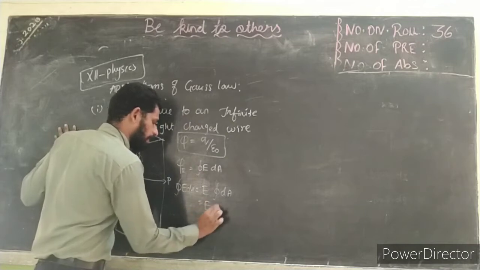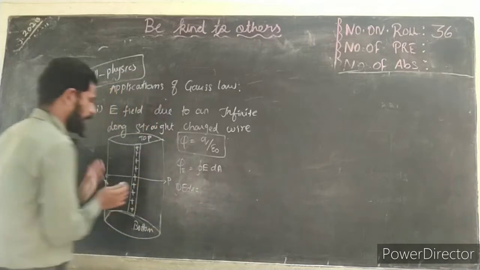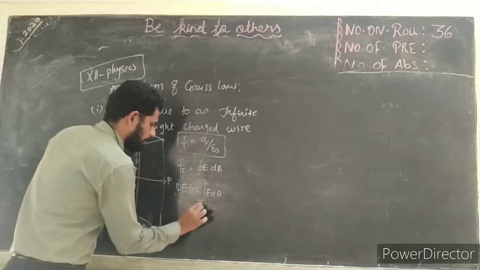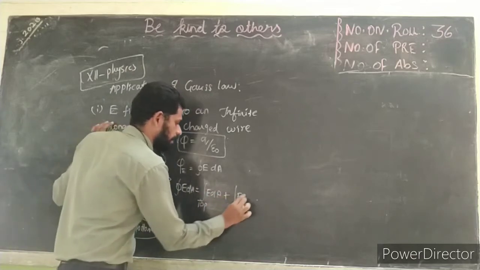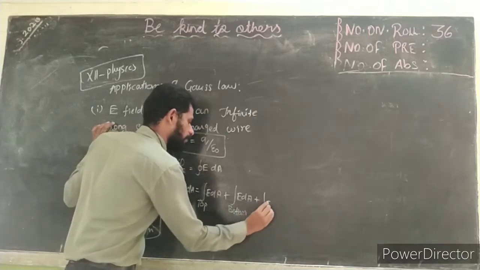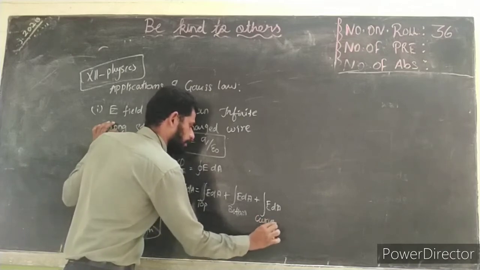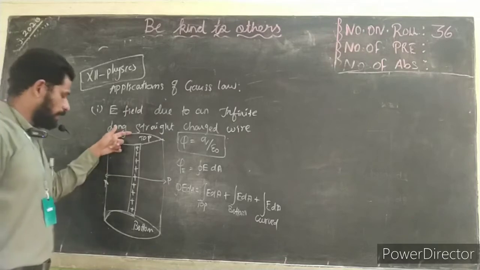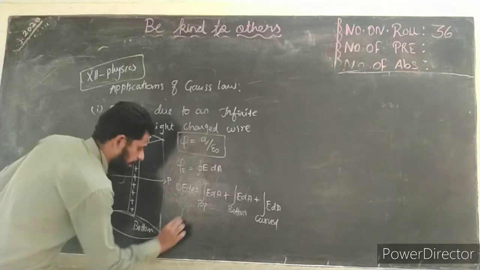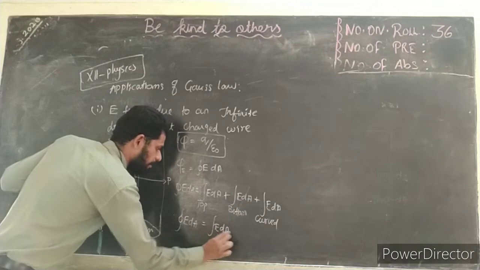Here we have three parts: integral of E dA over the top surface, plus the bottom surface, plus the curved surface. The top and bottom are the same in magnitude but opposite in direction, so they cancel each other. The total electric flux will be equal to the integral of E dA over the curved part.